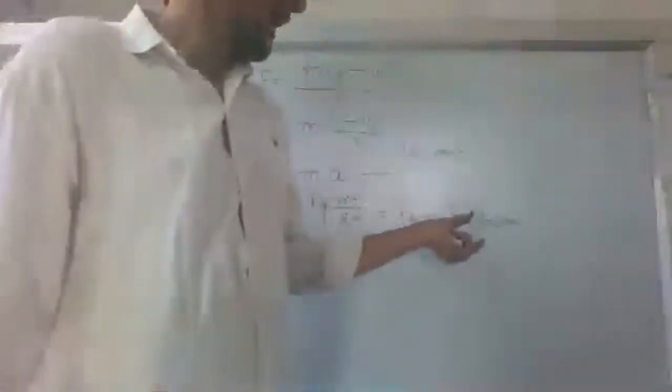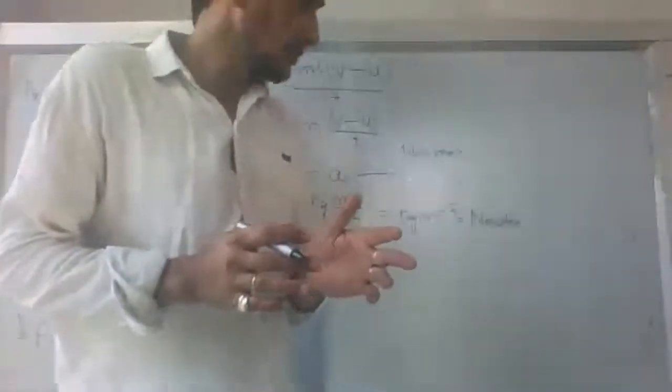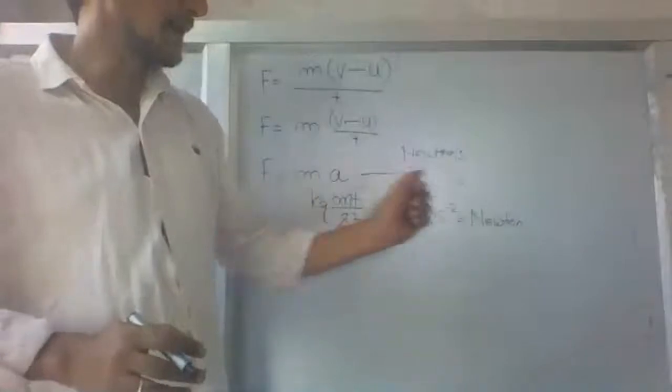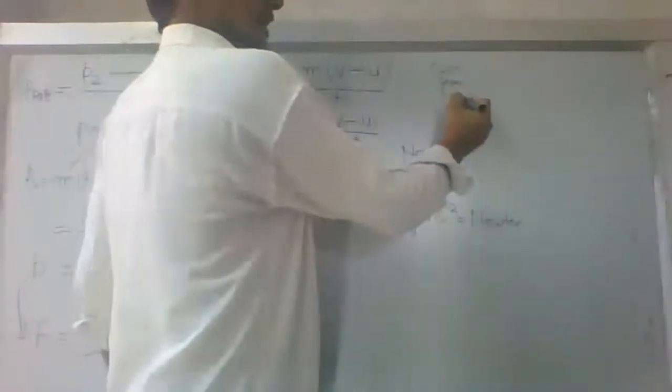N-E-W-T-O-N. Remember one important thing: every unit in physics is always written with a small letter, like centimeter, gram, kilometer.